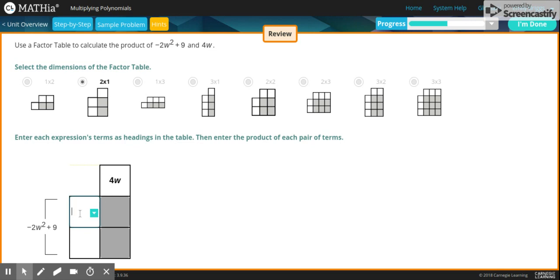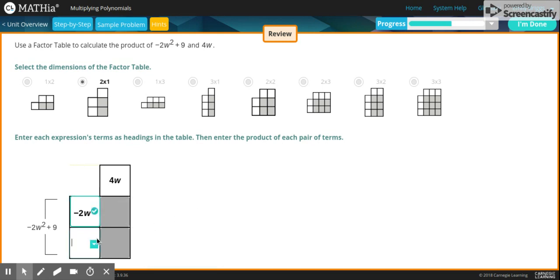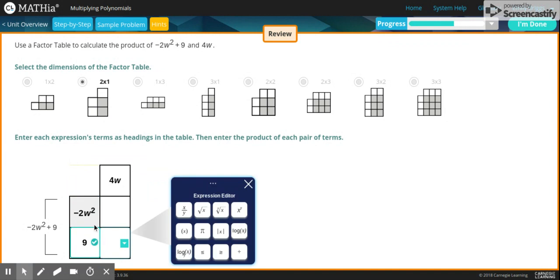So then you add negative 2w to the power of 2, and then you do 9. So then when solving this problem, it's a little bit different. So negative 2 times 4 is negative 8.